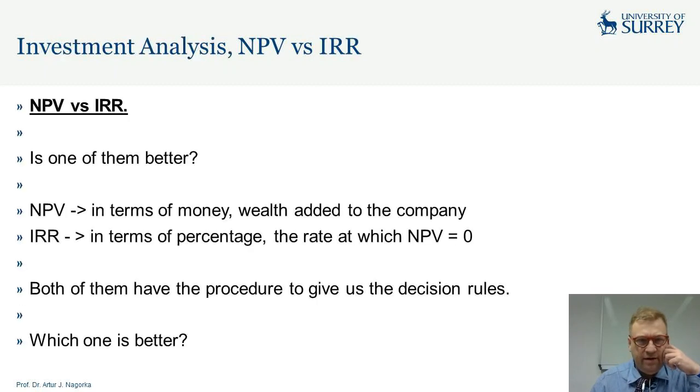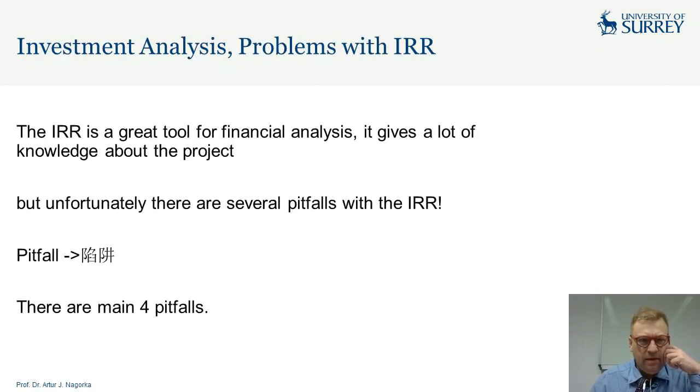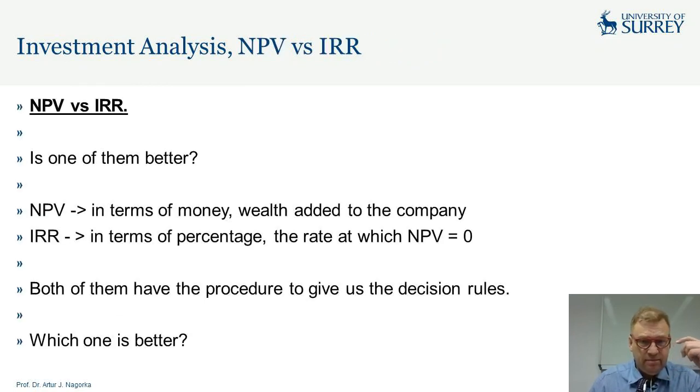So again, a final word. Oops, I'm just too fast. So which one is better? It depends. Again, it depends. Because when we calculate NPV, this is in terms of money. How much money will come from this project to the company. And when we calculate IRR, internal rate of return, then we have this sort of rentability.